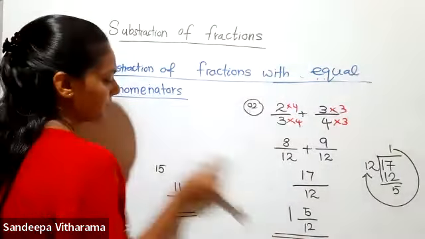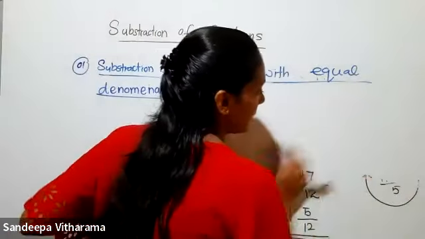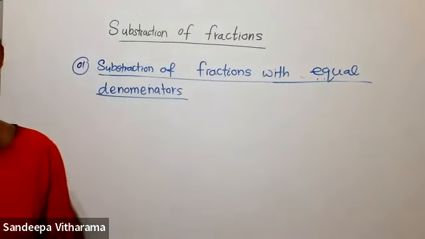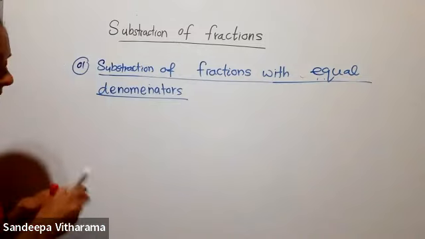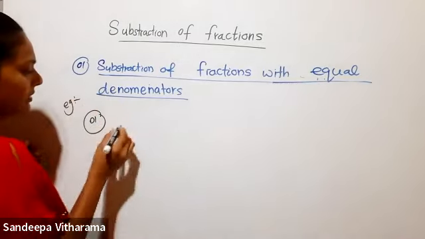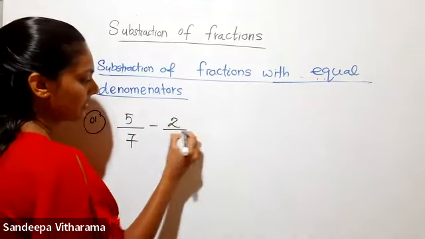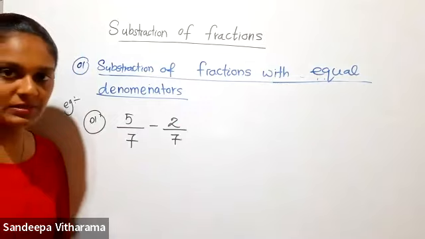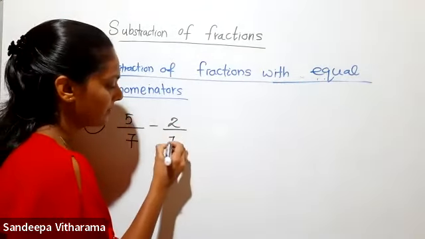When it comes to subtraction, it is also like addition. Addition's friend is subtraction. So look at the first example, 5 upon 7 subtracted by 2 upon 7. Here also you can see the denominators are equal.